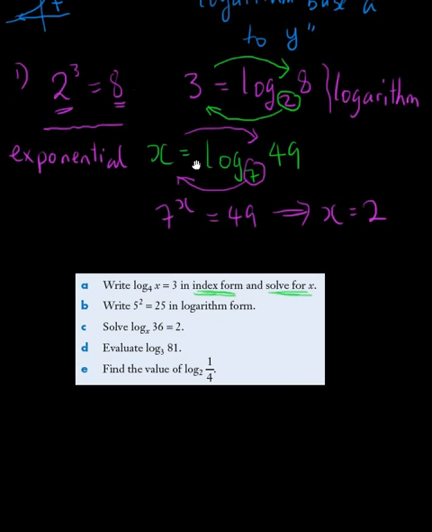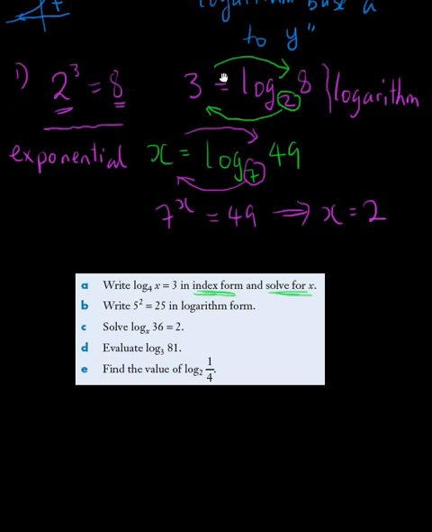Here are some simple ones. So let's begin. The first one, write log base 4 of x is equal to 3 in index form. So we want to write this in index form, and using that index form we can solve for x. So once again, if we look at our logarithms, if you have a logarithm like this, you can convert it to something like this.